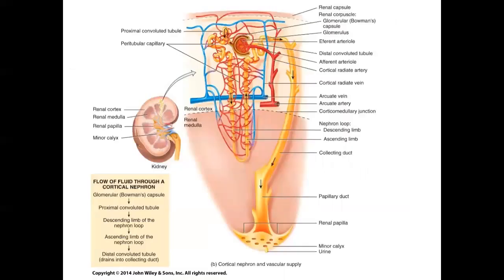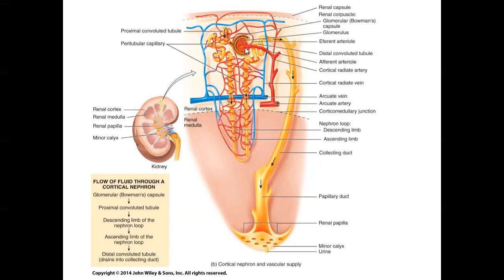Here's a much more sophisticated version of a nephron. Here's a much more detailed picture than what we saw a few slides ago. In the center, we see the circular structure called the corpuscle. Here's our afferent arteriole bringing blood in. Now we can see those blood capillaries that have a fancy name, glomerulus.